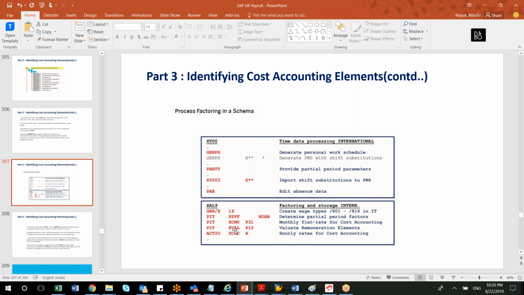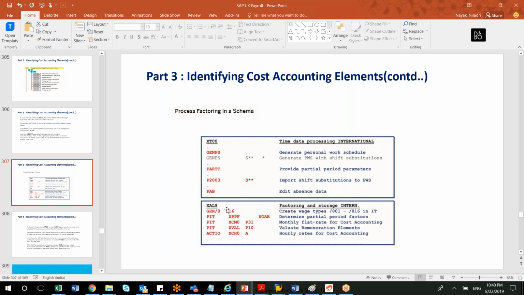Other than that, XAL line is another schema inside which factoring will also be happening. This is related to another function called GEN/8. This is also an important function when it comes to factoring.